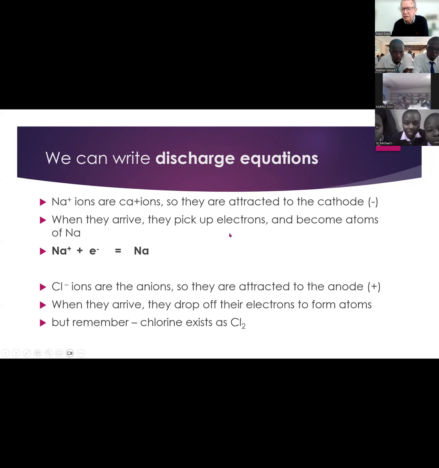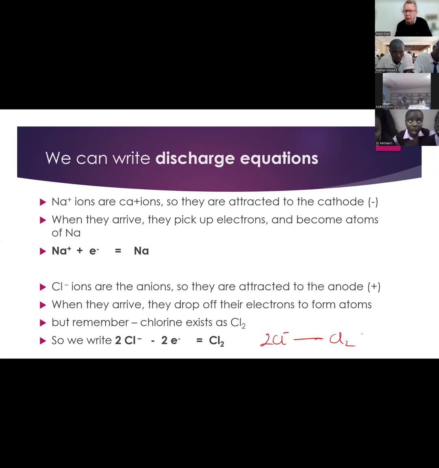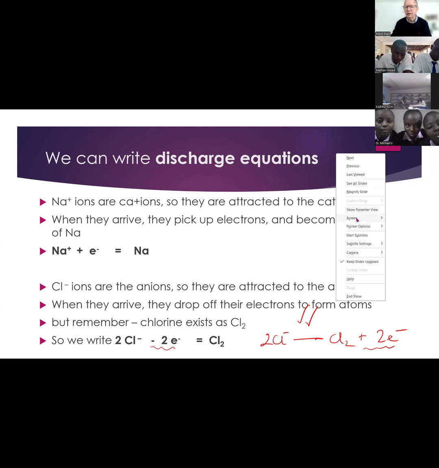Because they are Cl2, we have to write 2Cl- minus 2 electrons equals Cl2, or, and this is important, we said this last time, you could write 2Cl- is Cl2 and 2 electrons. Doesn't matter whether we write that or this, they're both correct. Okay? I hope that's okay so far.